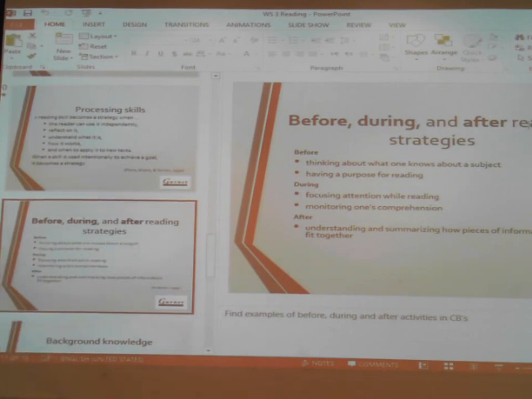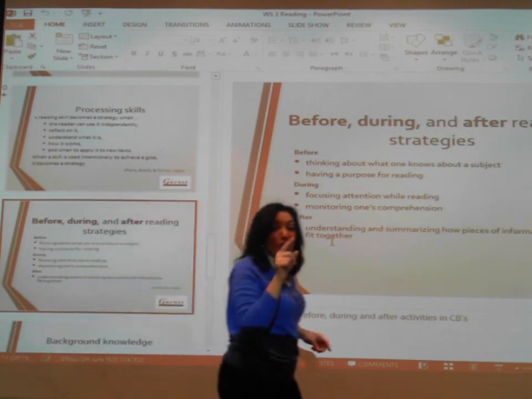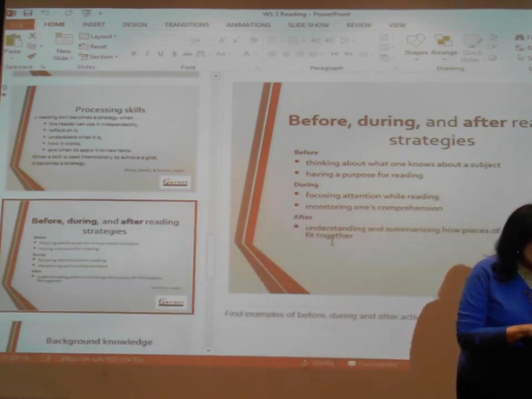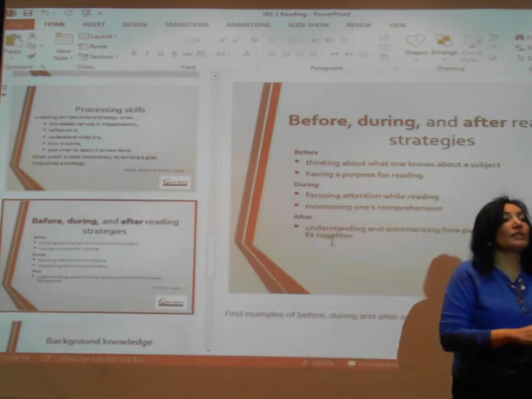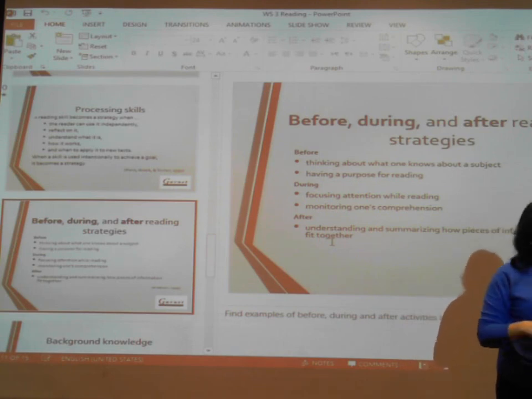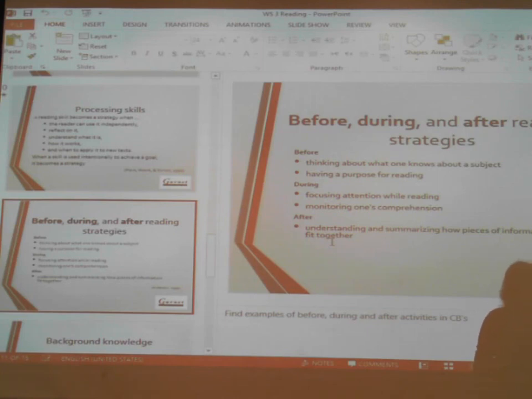During reading: focusing attention while reading, monitoring one's comprehension. Sometimes a student is given time to read and go through. That's why I'm telling you, feedback and elicitation is very important. Why? Because I can give an activity and give time to the students to read on their own. So he didn't read and I didn't know that he didn't read.